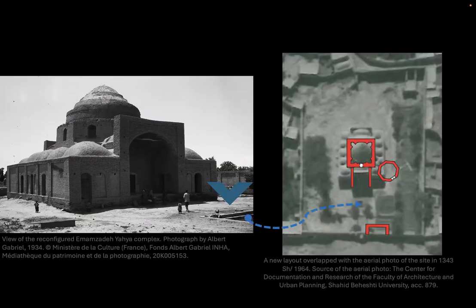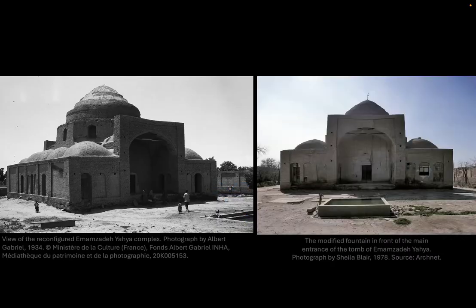Although it remains uncertain whether this fountain belonged to the original configuration or was added at a later stage, its presence suggests the possibility of an open space in this area before major modifications in the early 20th century. In a photograph from 1978, the fountain appears to have been modified with higher walls added around it. Today, the fountain is buried and no longer visible.